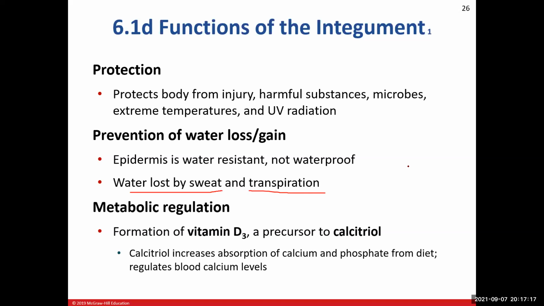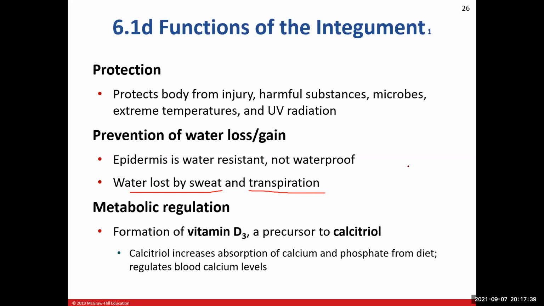We'll talk about metabolic regulation in a little more detail, I think in chapter 7, in which we're talking about vitamin D or calcitriol. The precursor, cholecalciferol, is produced in your skin.